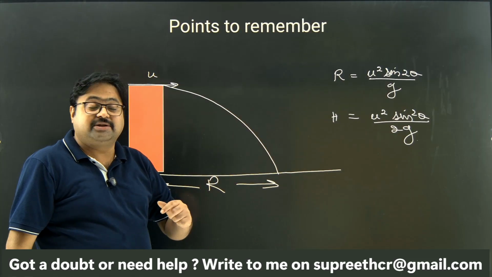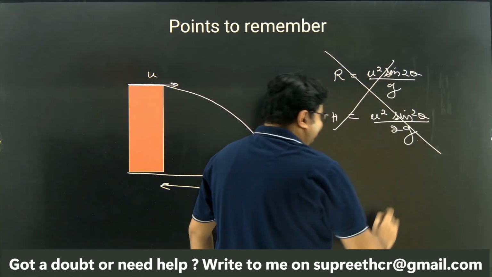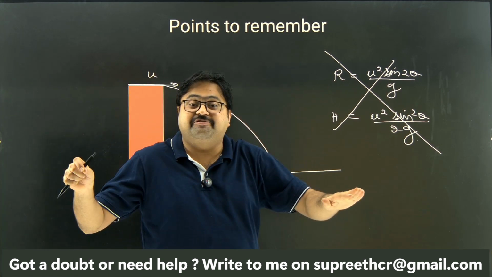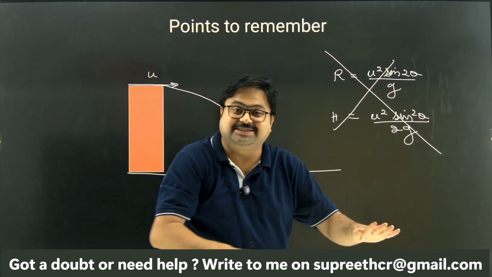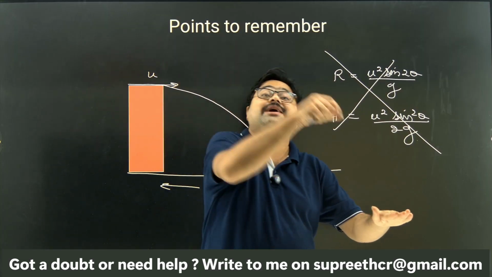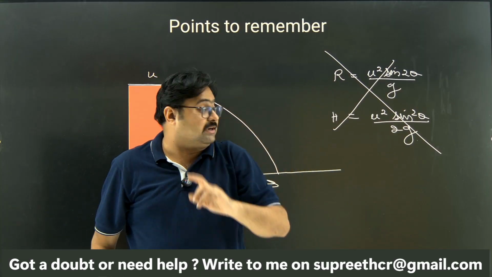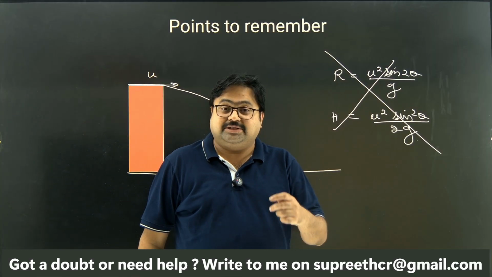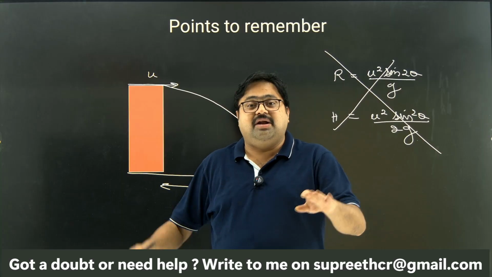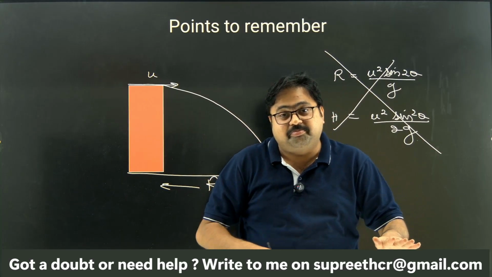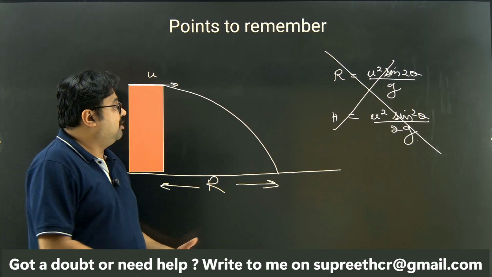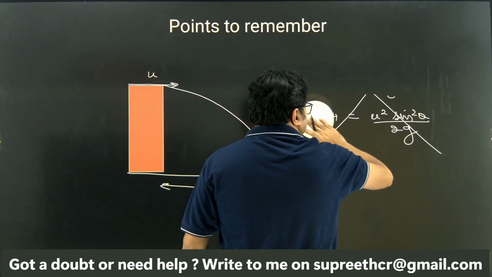All of these equations that you learned won't work for this case, because these equations were derived for ground to ground projection. That means you shoot an object from the ground, it falls back to the ground. If it does not, then these equations are worthless. You need to learn to deal with projections that are not ground to ground projections. So that's why this video. Let's learn in detail how to go ahead with problems like these.